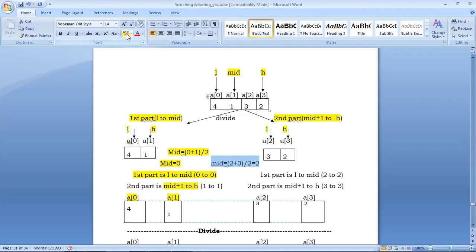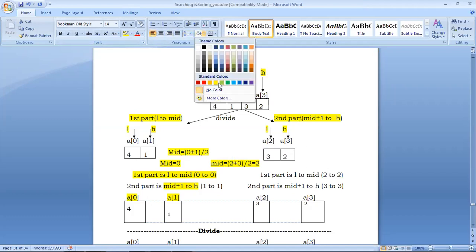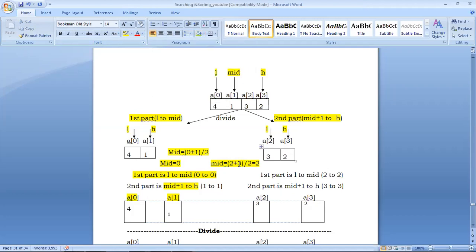Mid index equal to L plus H divided by 2. L value is here 2 and H value is here 3. So 2 plus 3 divided by 2, that is 5 divided by 2. So we have to take the floor value of the division operation, not 2.5. 5 divided by 2 means 2 only. Why? Because of the floor value of the division operation.